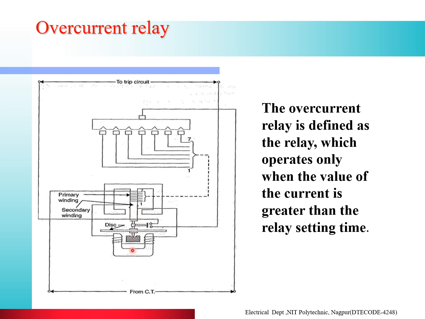When there is an interaction between the flux produced by the upper magnet and the flux produced by the lower magnet, the interaction between the two fluxes will produce rotational torque on this disc, due to which the disc rotates and the moving contacts bridge the gap between the fixed contact. This will give the trip signal to the circuit breaker.